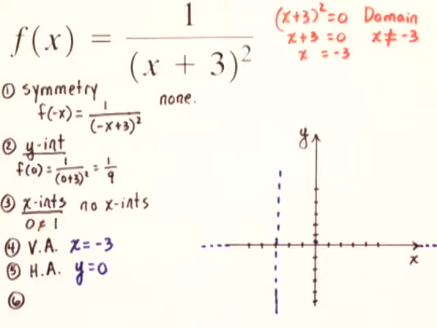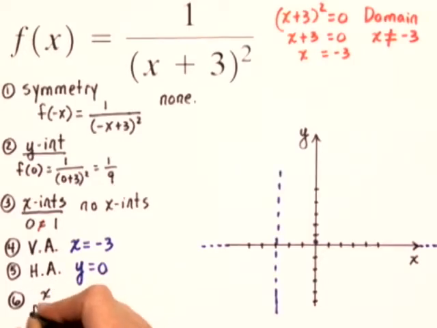Now the question is, how do we finish our sketch here? What we need to do is plot points between each vertical asymptote and each x-intercept. Well, we only have one vertical asymptote here and we have no x-intercepts. So we'll simply pick a point to the left of our vertical asymptote and a point to the right of the vertical asymptote. And we'll do that in a little chart down here.